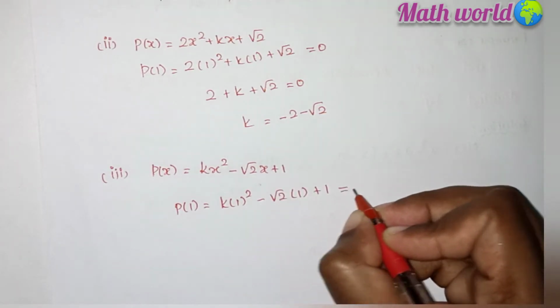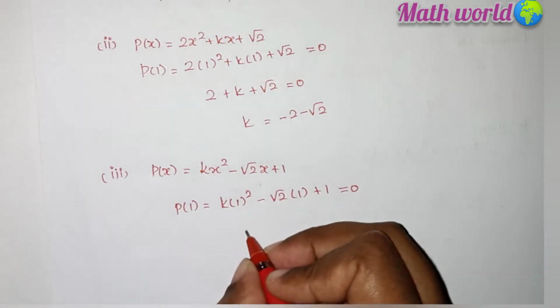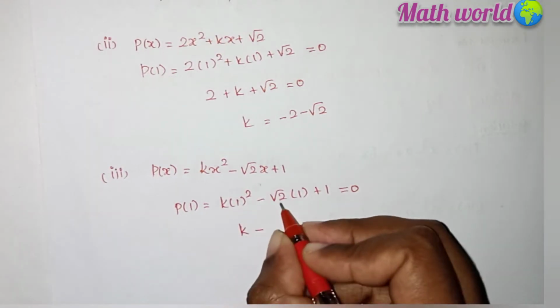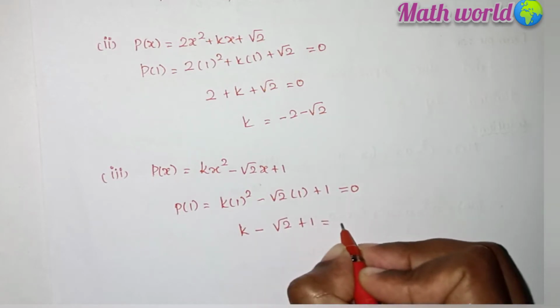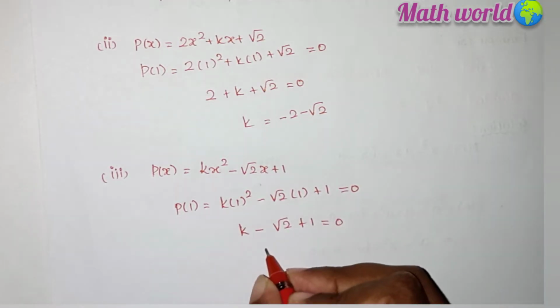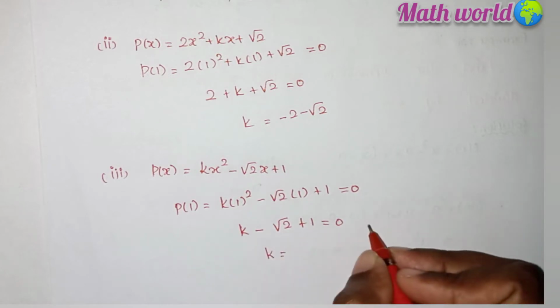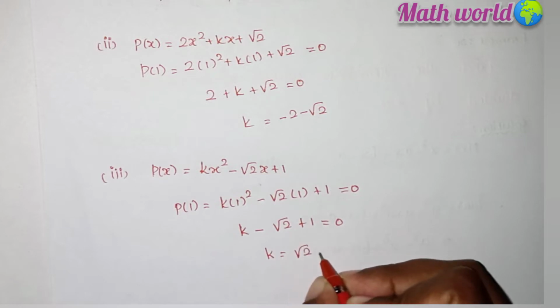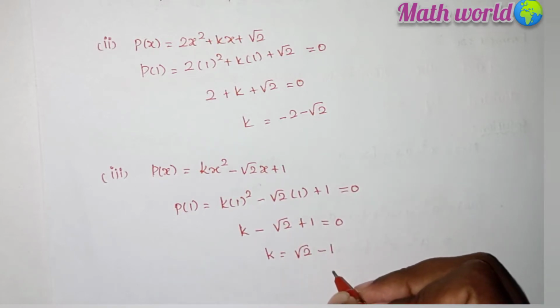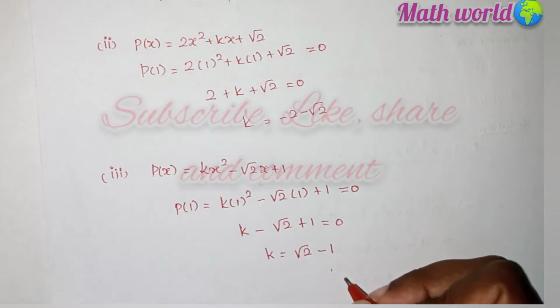This value becomes 0, so k into 1 square becomes k, minus root 2 into 1 is root 2, here plus 1, that value becomes 0. So I can keep this k here, remaining terms will go to that side. So minus root 2 becomes plus root 2, plus 1 becomes minus 1. So the value of k becomes root 2 minus 1.